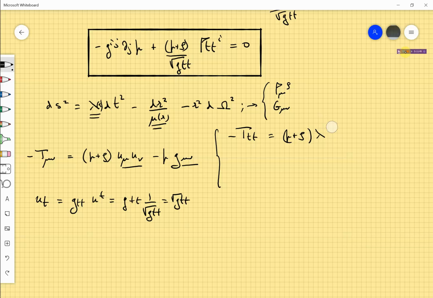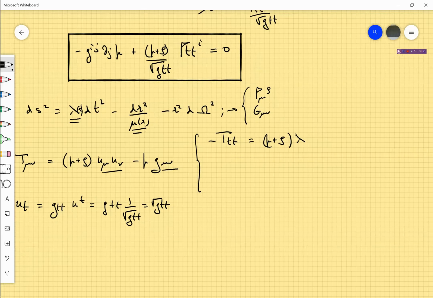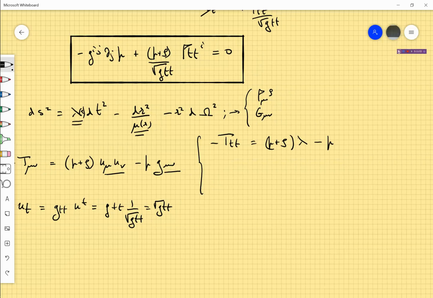Then minus p and then g_tt, which is lambda. These two terms cancel and you only get rho lambda. So let me write it like this: T_tt will be minus rho lambda.